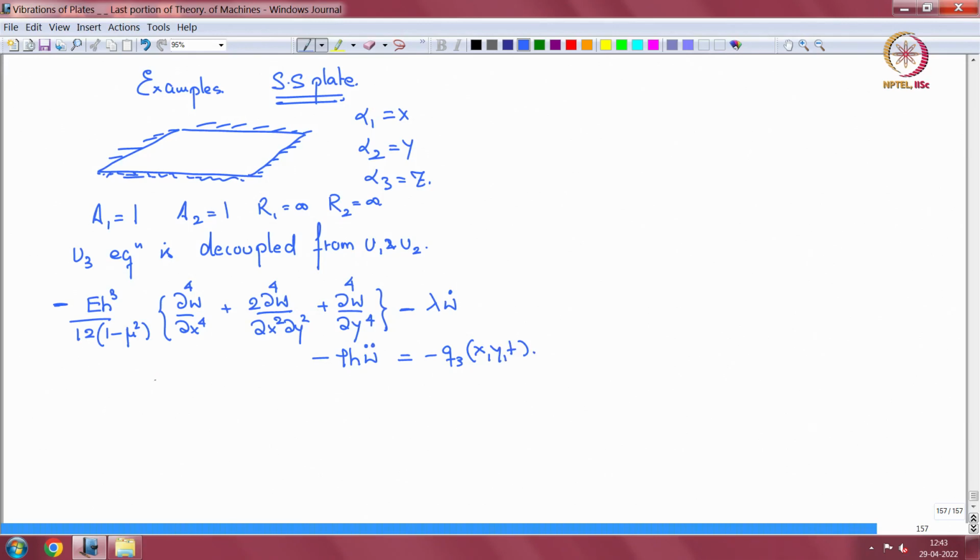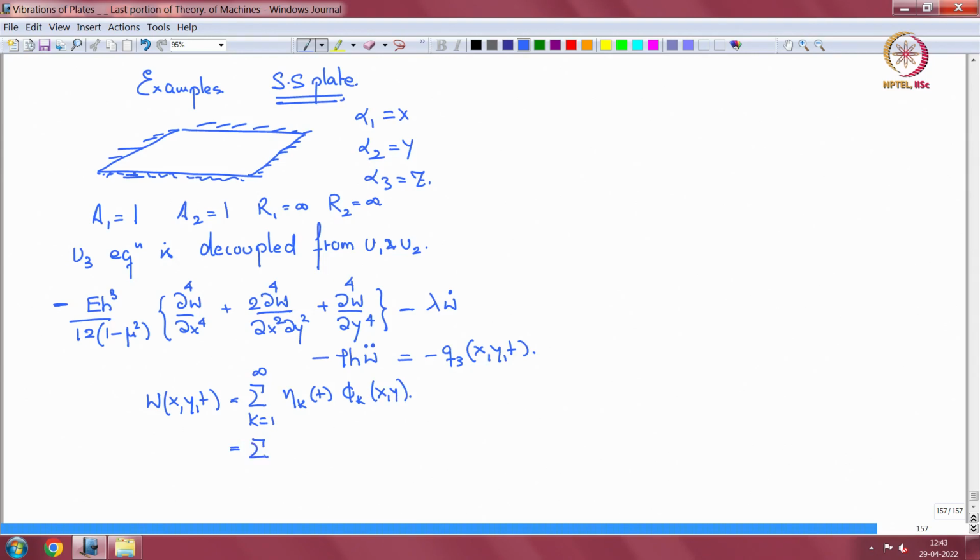Now what do we do? We again do the same thing. My W, which is a function of x, y, t, I represent as the sum over k going from 1 to infinity of eta k of t phi k(x, y). But we have seen the mode shapes of a simply supported plate, they have two indices.